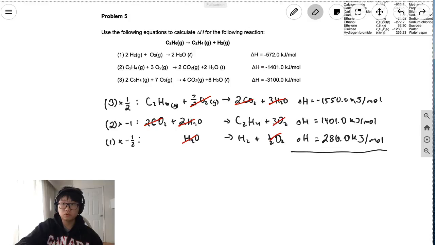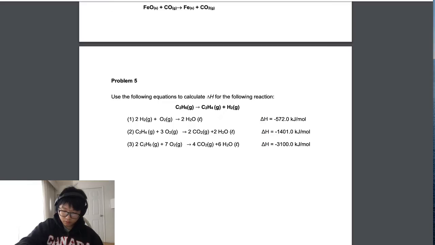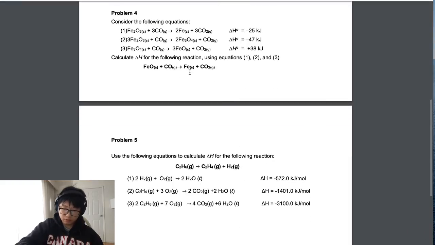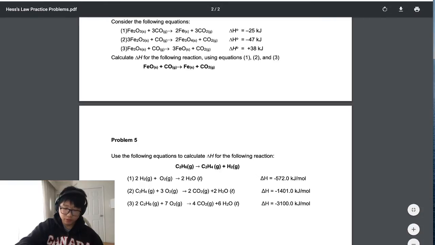Yep. Yep. So you flip the sign. What was it? 137, and that's a kilojoule per mole. Yeah, okay, I don't have a solution for this, but everything looks good to me.